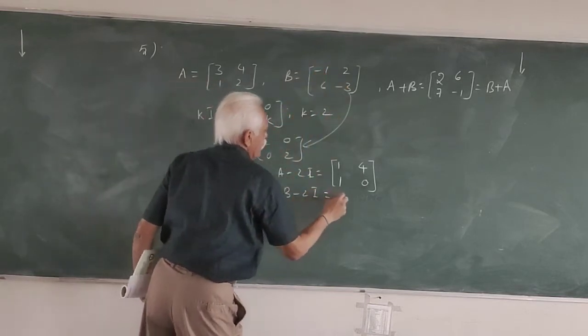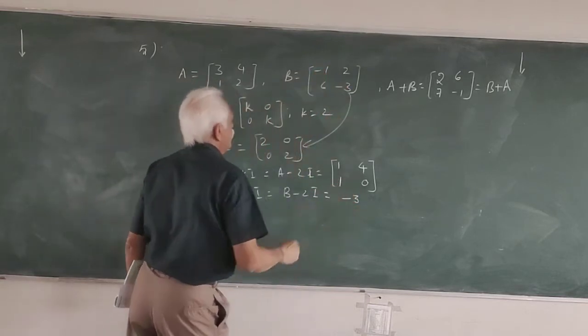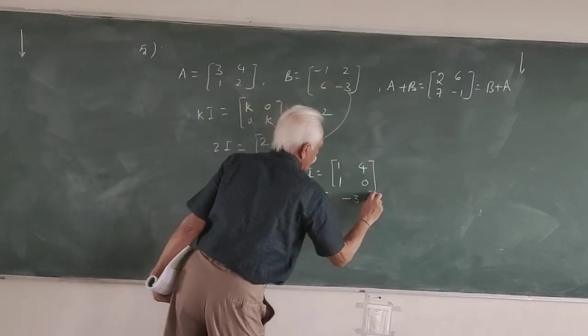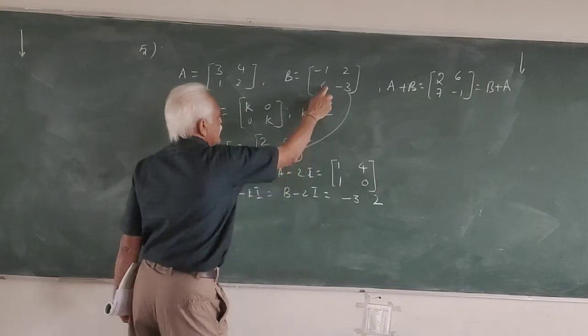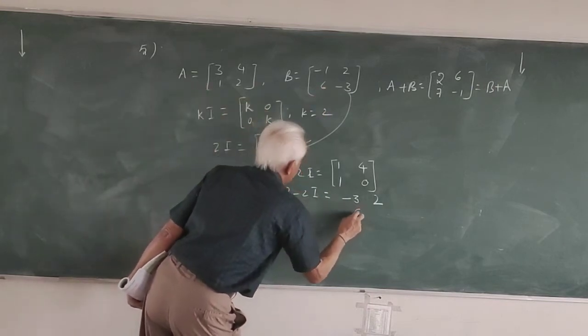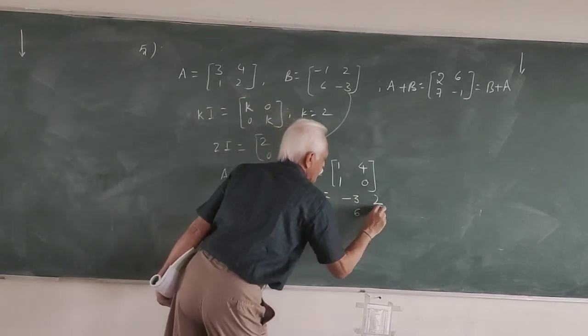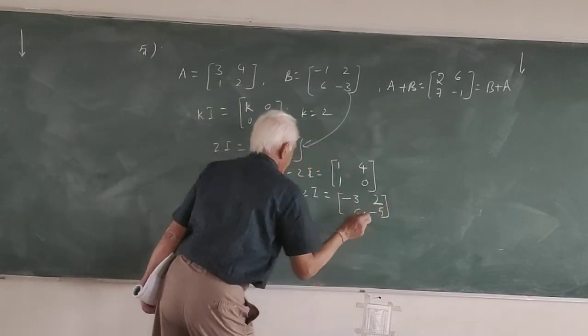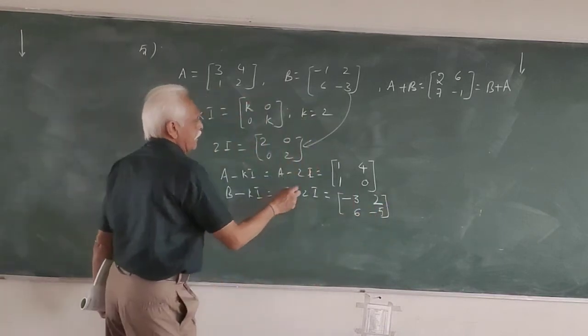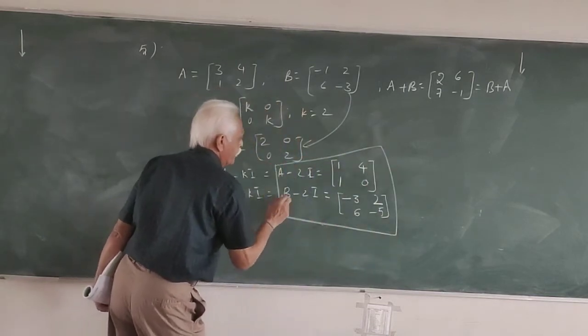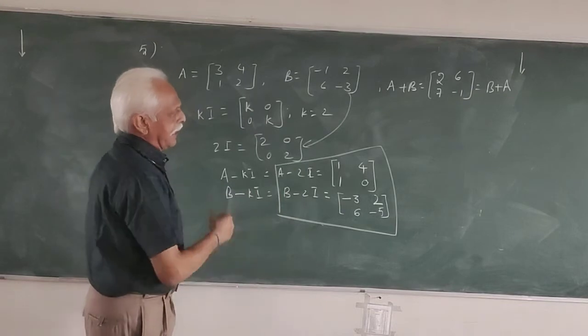Minus 1 minus 2 is minus 3, 2 minus 0 is 2, 6 minus 0 is 6, minus 3 minus 2 is minus 5. Now this is A minus 2I, and this is B minus 2I.